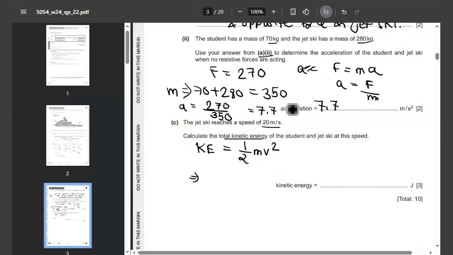So once again, what is the total mass? 70 plus 280. So 350 kg is the total mass. So half into 350. And what is the velocity? The velocity is given, 20 meter per second. So multiply by 20 squared. That will give us 70,000.